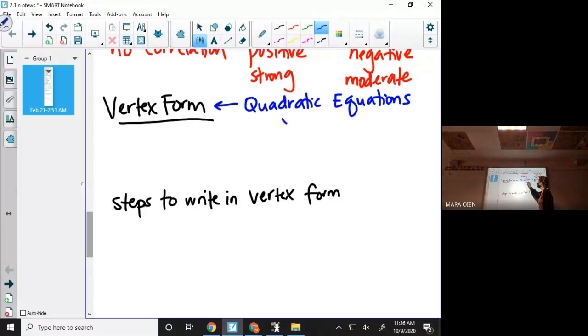Normally, you have been told to write quadratic equations like this: ax squared plus bx plus c. We are going to try to take quadratic equations written like that and rewrite them into a new form. We're going to try to get them in what's called vertex form. Vertex form looks like this.